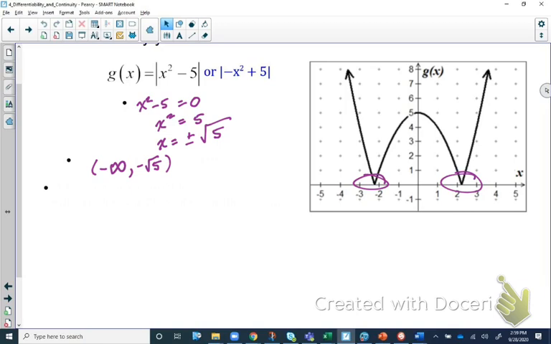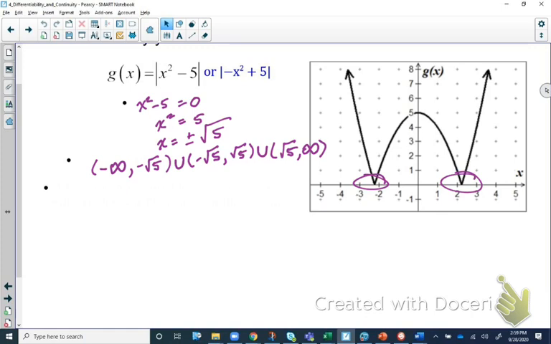Now it's also differentiable between the negative radical 5 and the positive radical 5. And it's also differentiable from radical 5 to positive infinity. So those are the intervals that the function is differentiable at. It's only not differentiable at those two values, at positive, negative radical 5.